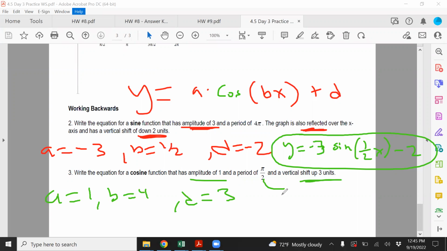Now, why is B 4? Because the period is pi over 2. If you cross multiply, you should get pi B equals 4 pi. The pi's cancel, so B is 4. Equation, pretty easy: y equals cosine of 4x, plus 3. Got it.